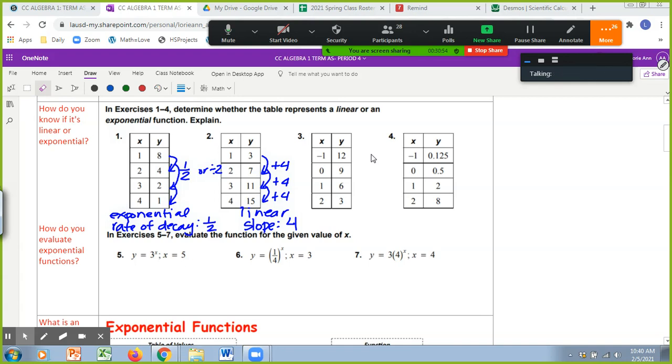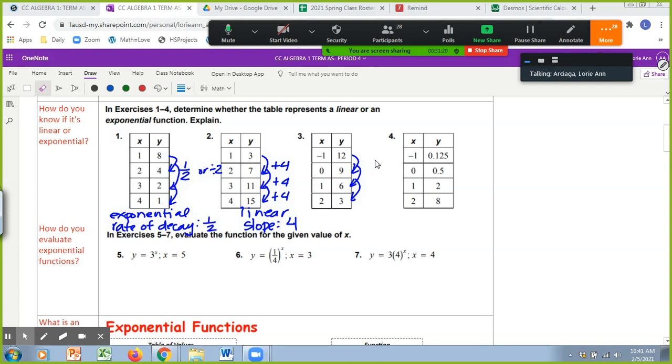Number 3. What's your answer to number 3? From 12 became 9, 9 became 6, 6 became 3. Is that linear or exponential? What do you guys think?